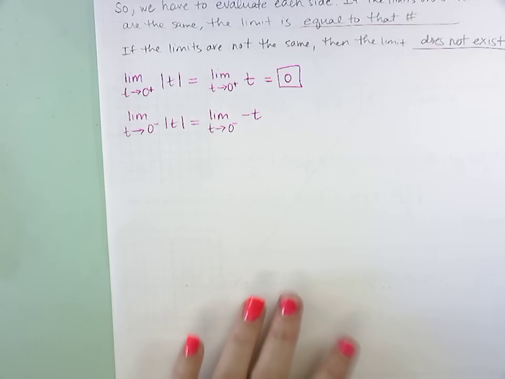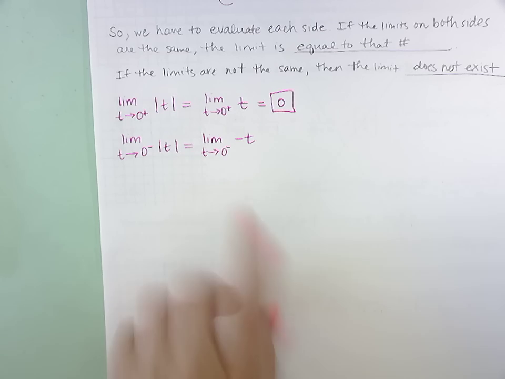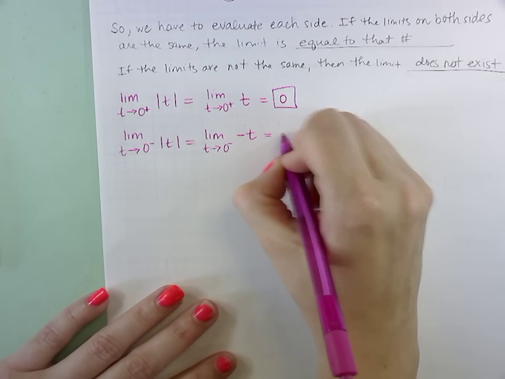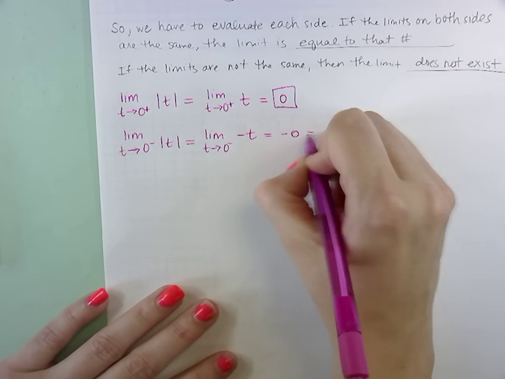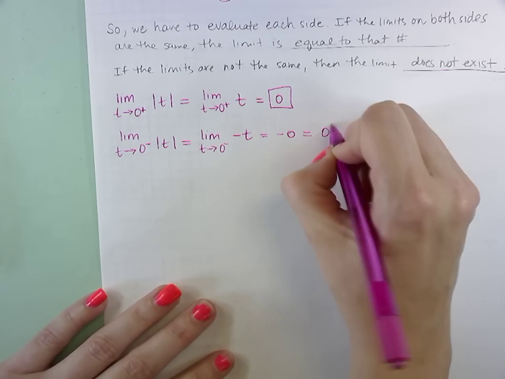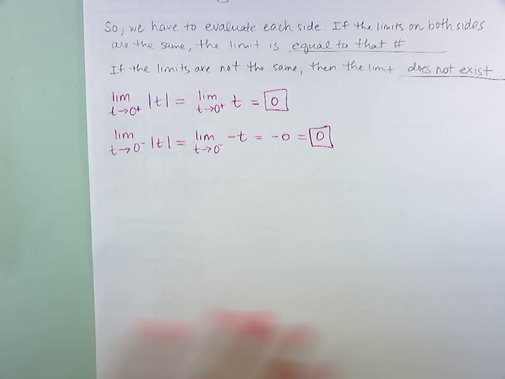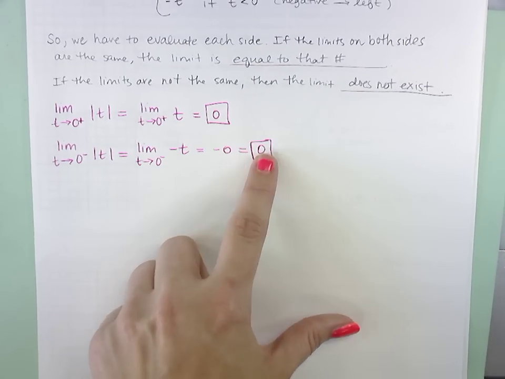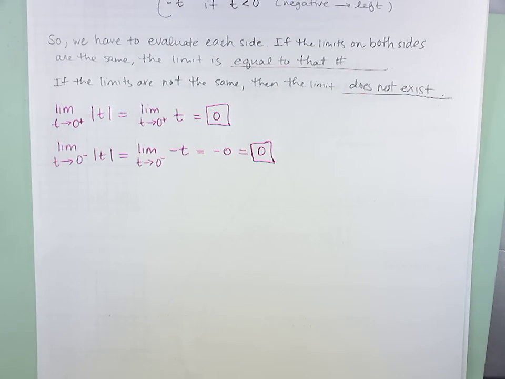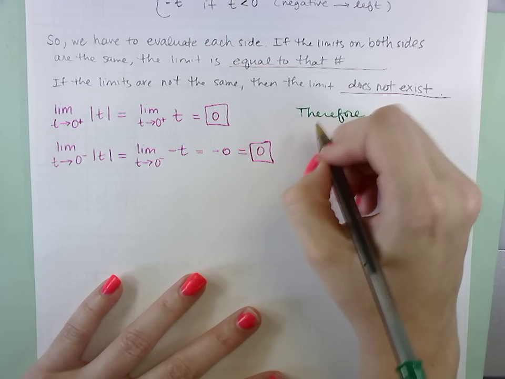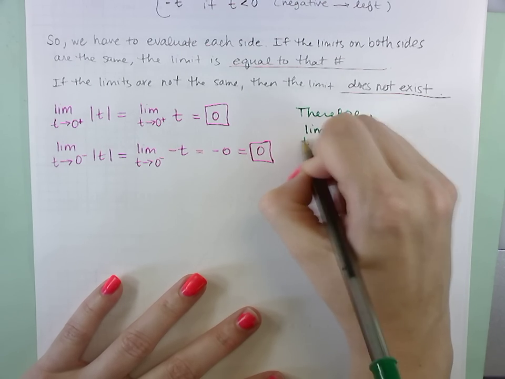On the left side, the value of t is negative, so I'd have negative 0, which has no positive or negative, so it is still just 0. So if both of these limits are 0, then what is our limit going to be? 0. So therefore, the limit as t goes to 0 for the absolute value of t is equal to 0.